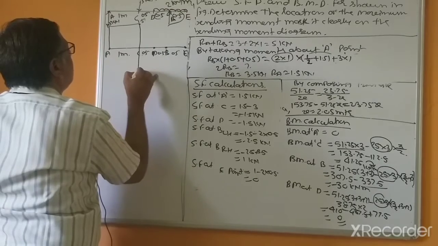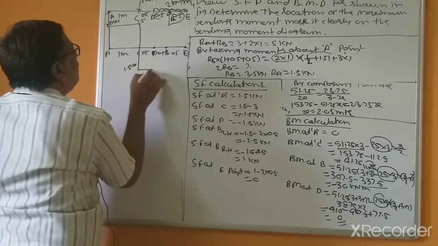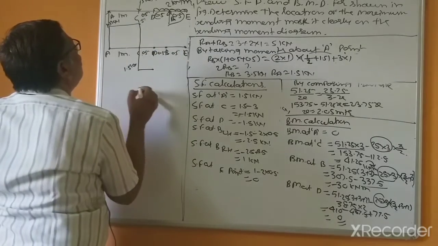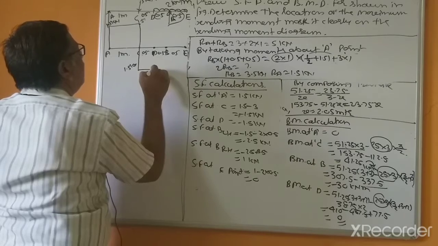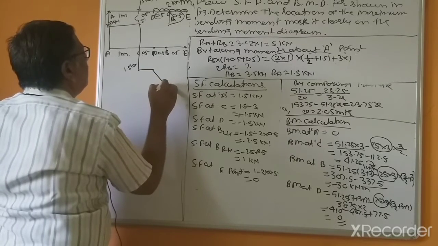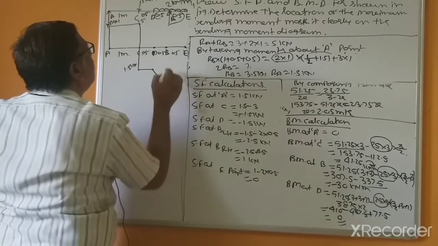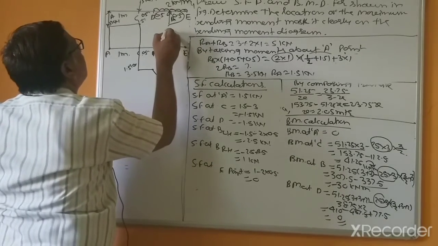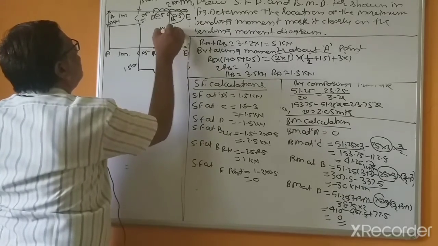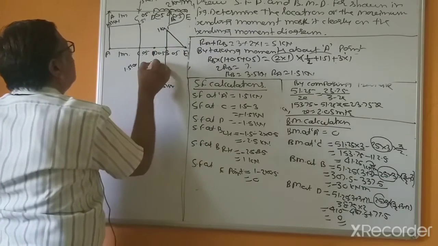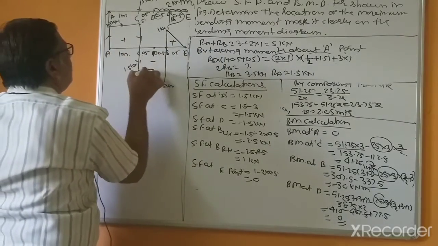Again this is 1.5 kilonewton, up to D point constant, because there is no force. Again this is downward, it's 2.5 kilonewton. Next, this is 1 kilonewton. This is your shear force diagram.